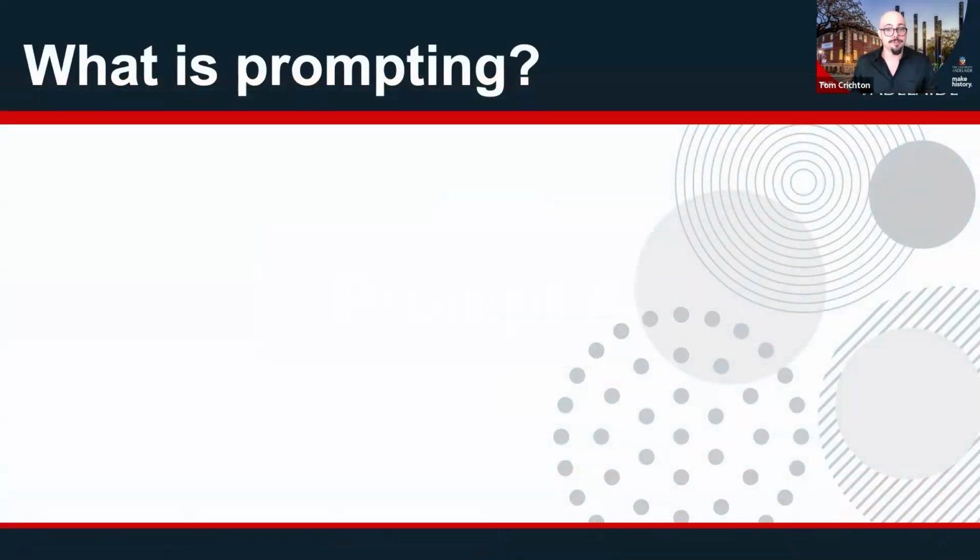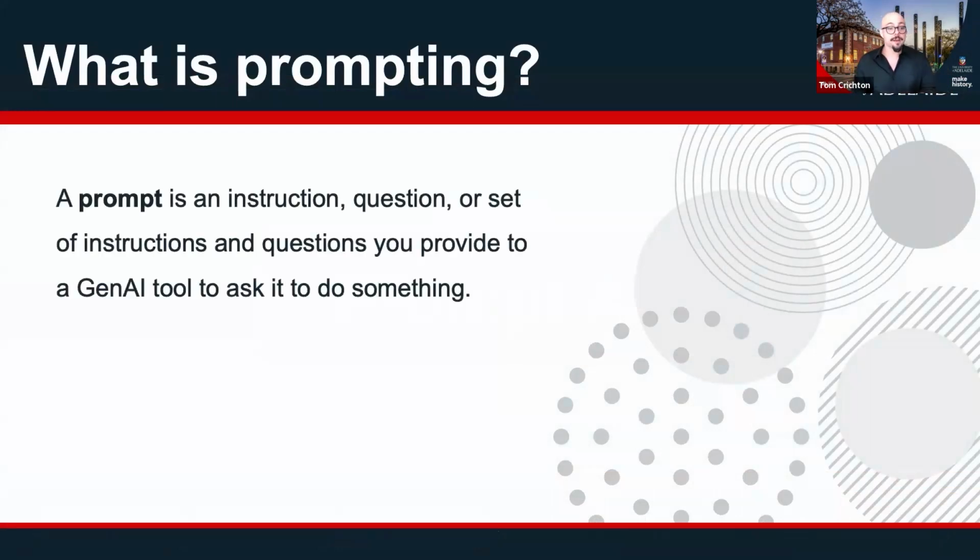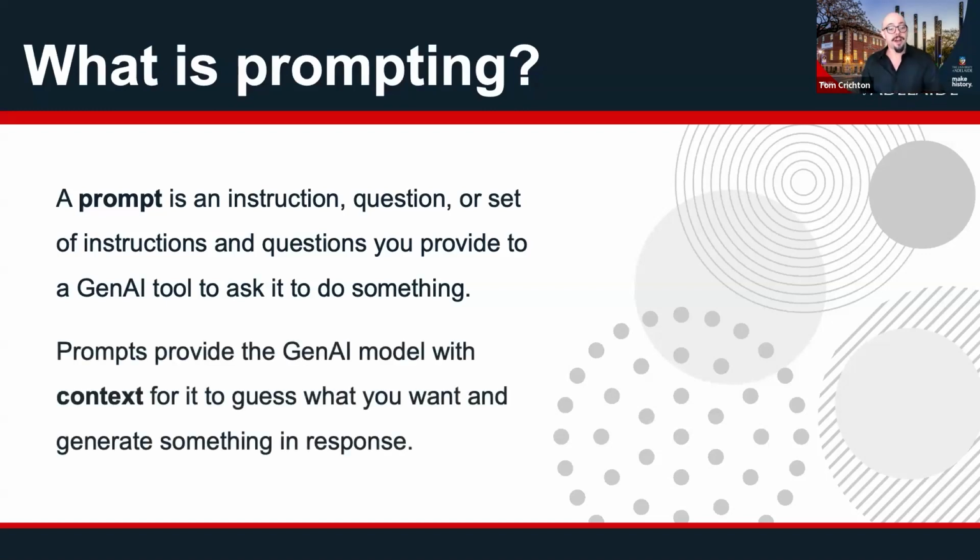What is prompting? We've looked at it a little bit already, but a prompt is an instruction or a question or a set of instructions and questions that you provide to a Gen AI tool to ask it to do something for you. Prompts provide the Gen AI model with the context it needs to guess what you want and generate something in response.